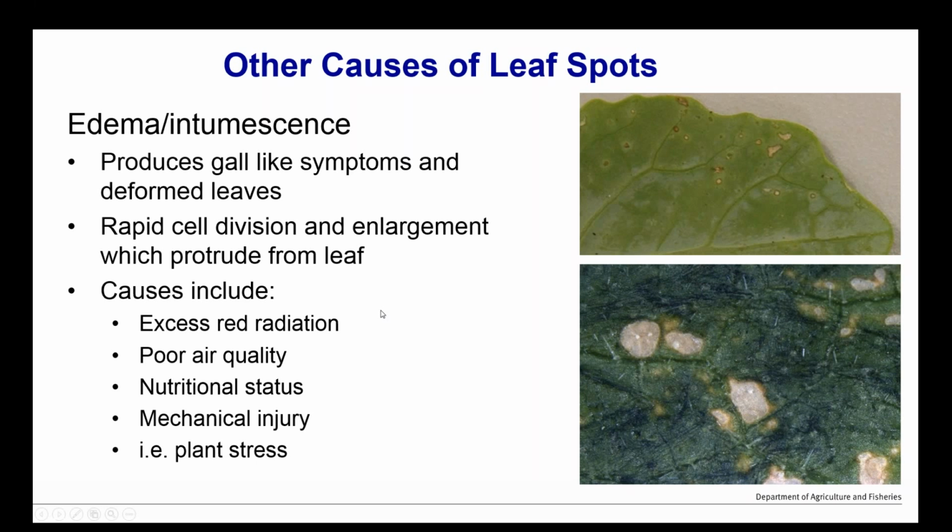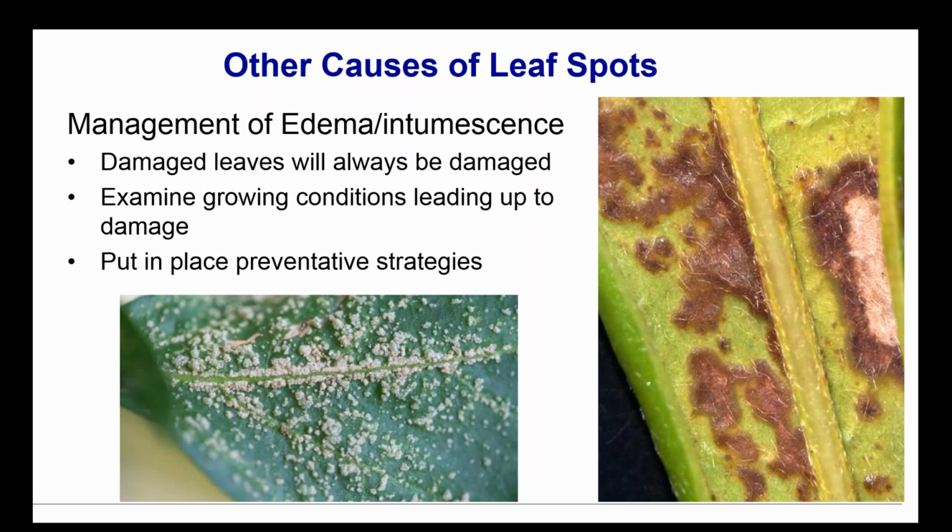From the literature, edema can be caused by excess red radiation, poor air quality, nutritional factors, mechanical injury. Effectively, all these things are plant stress, and it can cause a water imbalance in those cells, which then produce the edema.